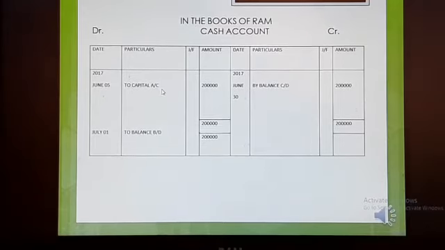To capital account by rupees 2 lakhs, and the balance will be shown on the closing date. By balance c/d 2 lakhs, and the balance to be carried forward to the next year, to balance b/d.